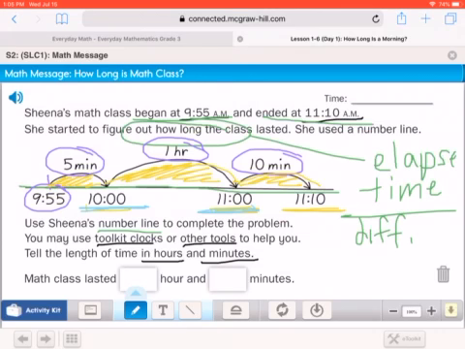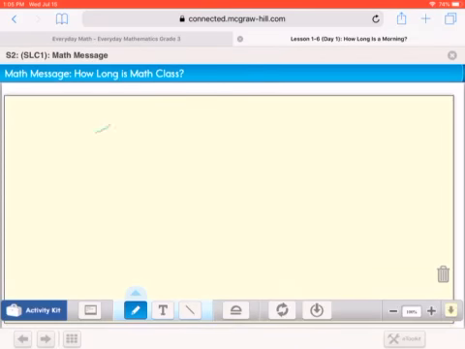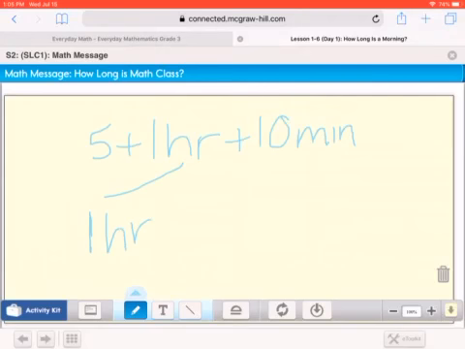Okay, let's think about these minutes we have here. 5 minutes, 1 hour, 10 minutes. Okay, so we have 5 minutes plus 1 hour plus 10 minutes. I know that I need to bring this hour to the front, okay, because when we write it, we always write the hour first. Now I need to add these minutes together. 5 plus 10 is 15 minutes.